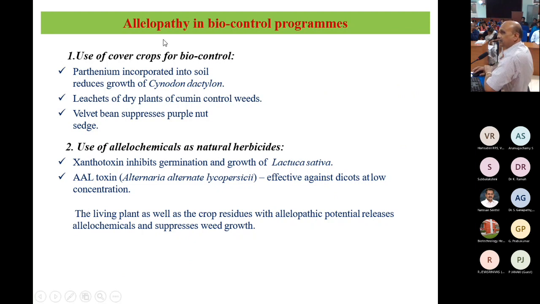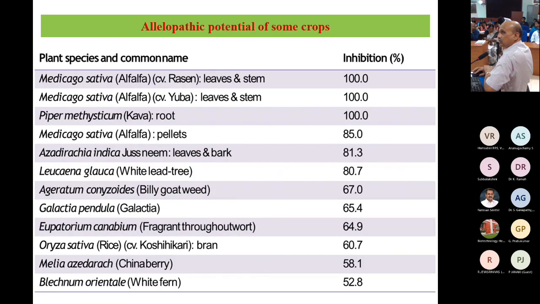Here, Parthenium incorporated in soil reduces the growth of Cynodon dactylon, but in the long run, I don't know. In our case, Cynodon dactylon and Parthenium grow together. So allelopathic potential of some crops is also observed with these crops and weeds.